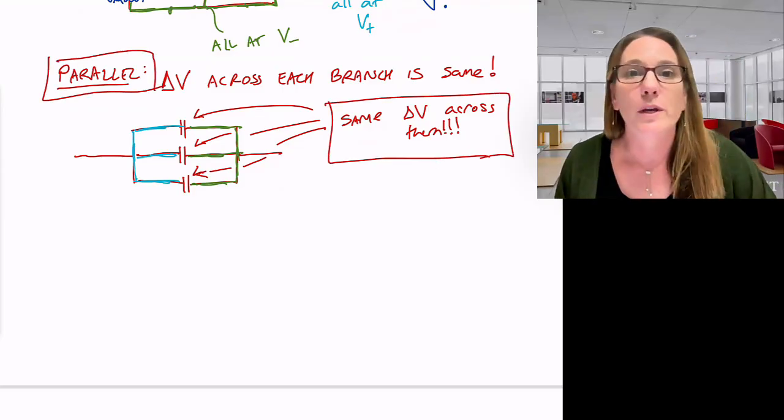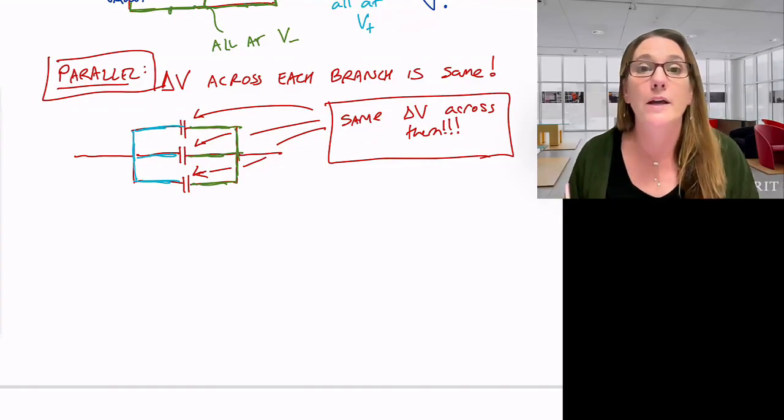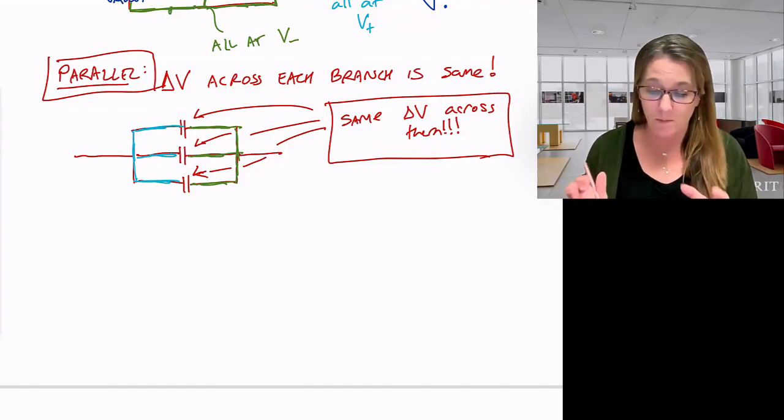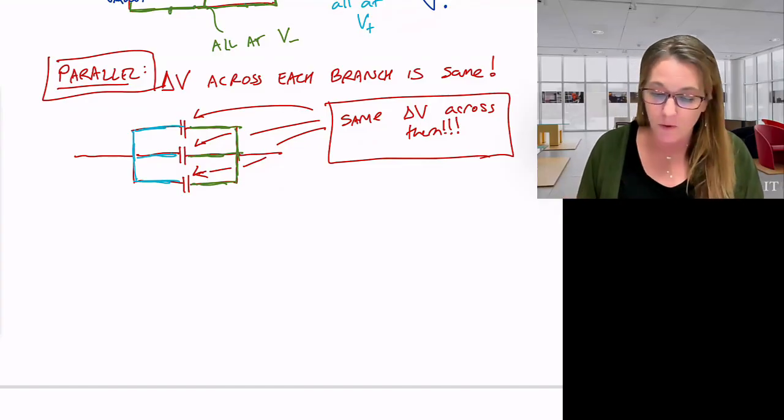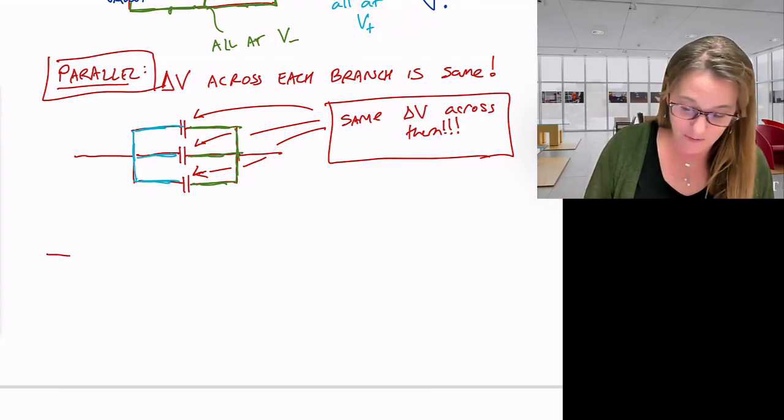And then we can talk about what is the charge on each capacitor. So if we think about it in this way, I'm going to again draw, there's going to be a lot of circuits that I draw in these video notes.